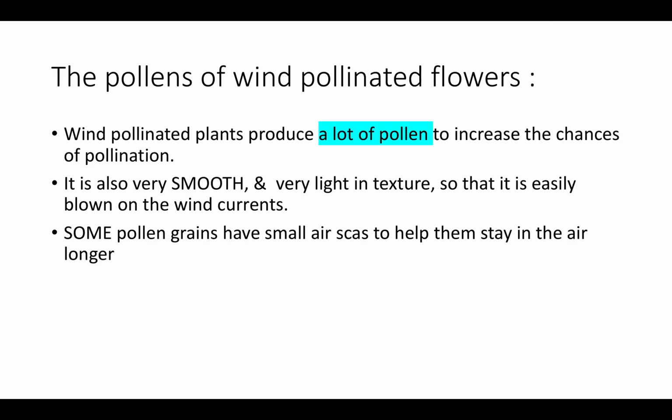The pollens of wind-pollinated flowers: the wind-pollinated plants produce huge quantities of pollen to increase the chances of pollination. They are very light in texture, they are smooth, and they usually have small air sacs to help them stay in the air and help them to be transferred easily.